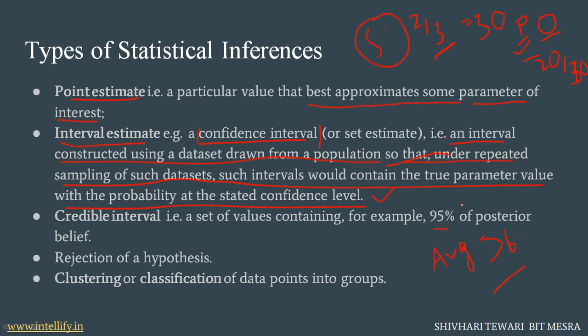Now here there is a 0.05 chance of rejection of this hypothesis. That 0.05 is known as the significance level, as we have discussed in our other video. So the credible interval is a set of values containing 95% of posterior belief, and it is basically used in rejection of a hypothesis.